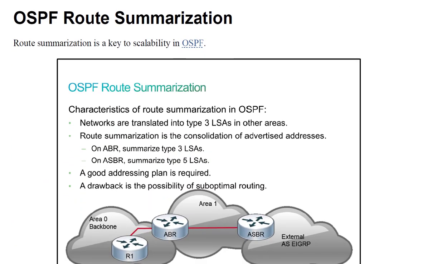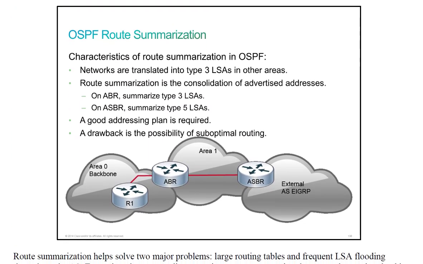All right. So summarization, as you guys are aware, provides me the ability to reduce the size of my routing tables by taking a bunch of contiguous addresses and representing them as one large network.